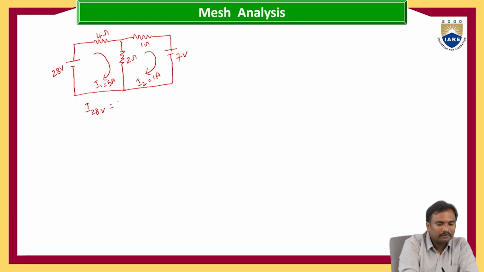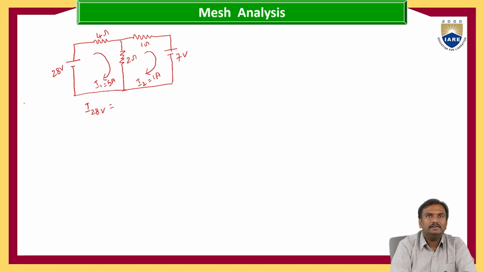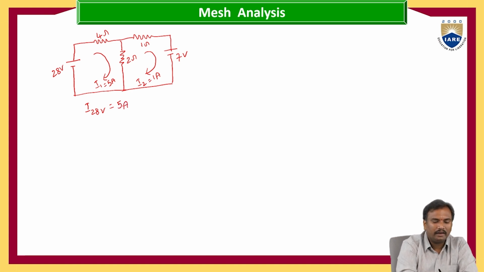Only one current is flowing because there is no other path for the current. So the current flowing through 28 volts is 5 amperes. And what is the voltage across 28 volts? It is the source. Voltage across 28 volts is the same 28 volts.